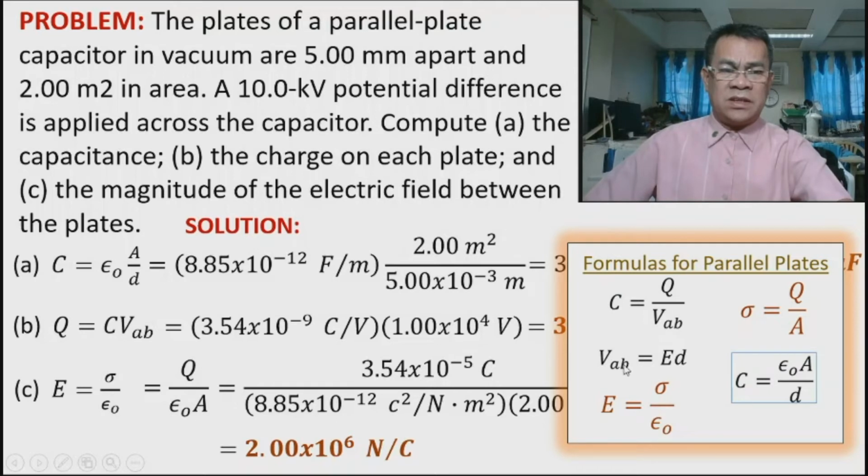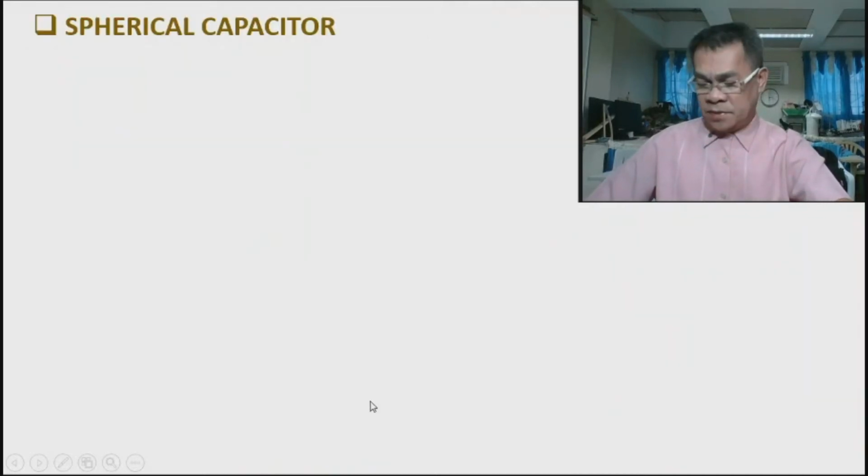This is the potential difference formula, electric field times D. If you divide both sides by D, solving for E, this is the potential difference divided by D. You can use this relation to recalculate letter C, and you will arrive at the same answer. So, that's it for the parallel capacitor.